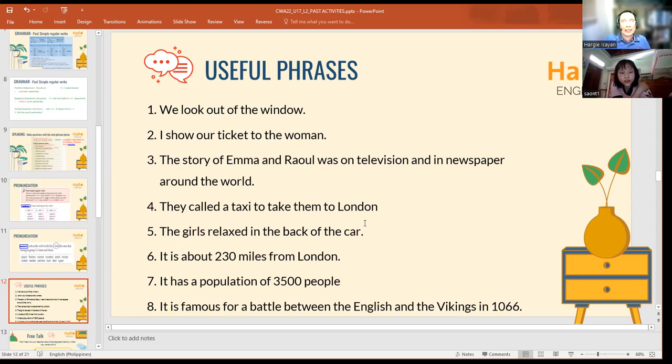Actually, if you are riding a taxi, where do you usually sit? Is it at the back or the front?